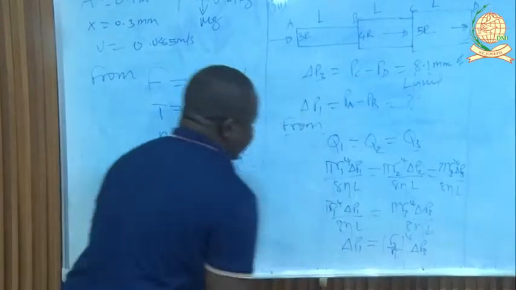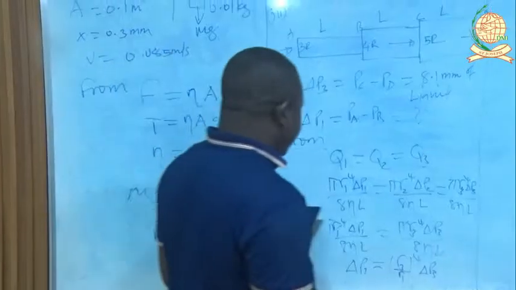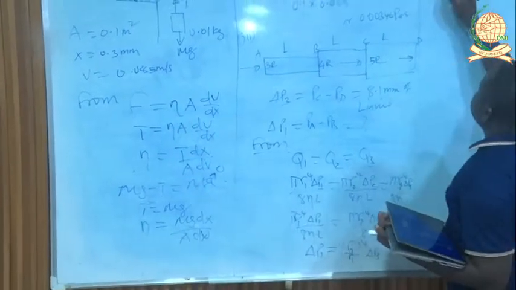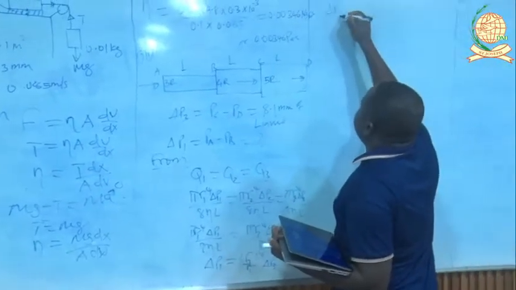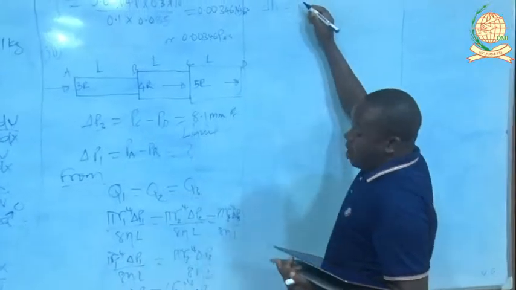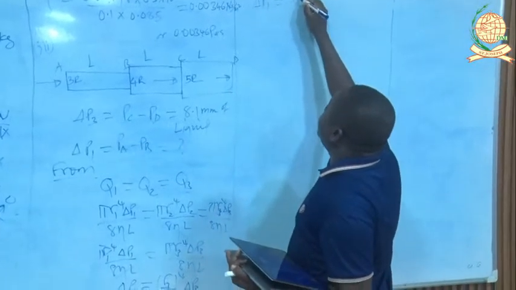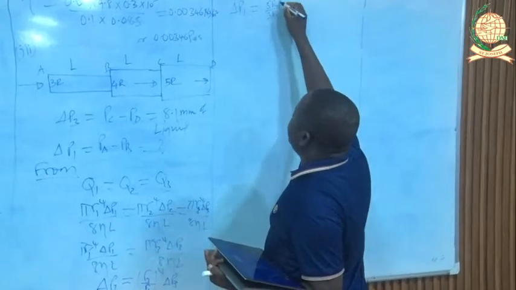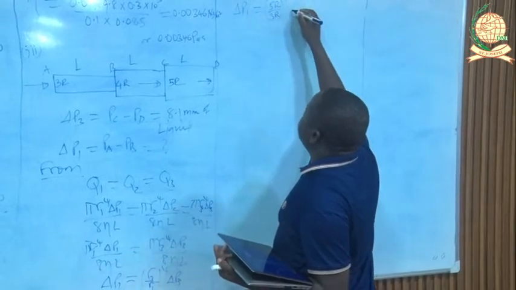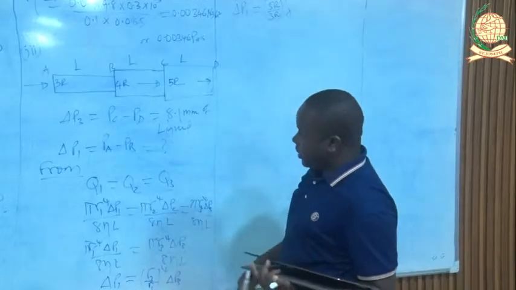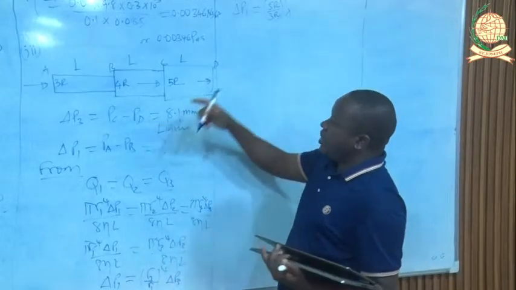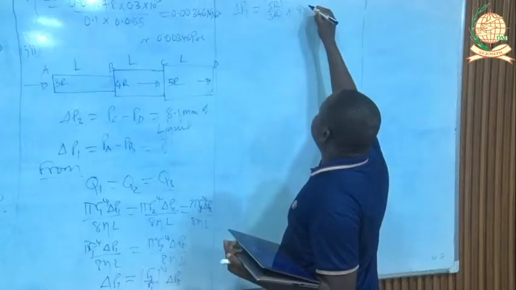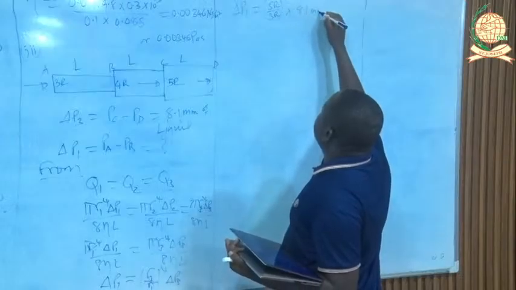So everything is given. The pressure across the first capillary: R3 is equal to 5R, while R1 is R, exponent 4, and the pressure across the third capillary is 8.1 millimeter of liquid.